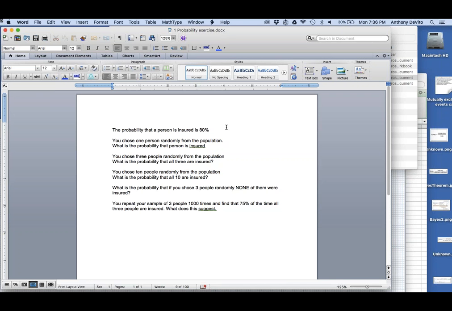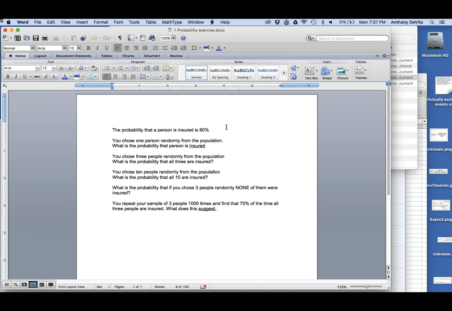Okay, so now if I reach back into that population and pull another person out randomly, it's going to be 80% again. Now, what's the probability that I would choose 3 people in a row? If I take one person randomly, a second person randomly, a third person randomly, what's the probability that all 3 people would have insurance?